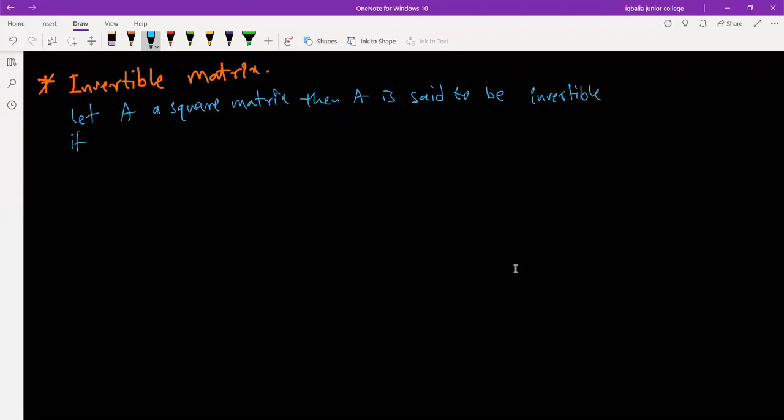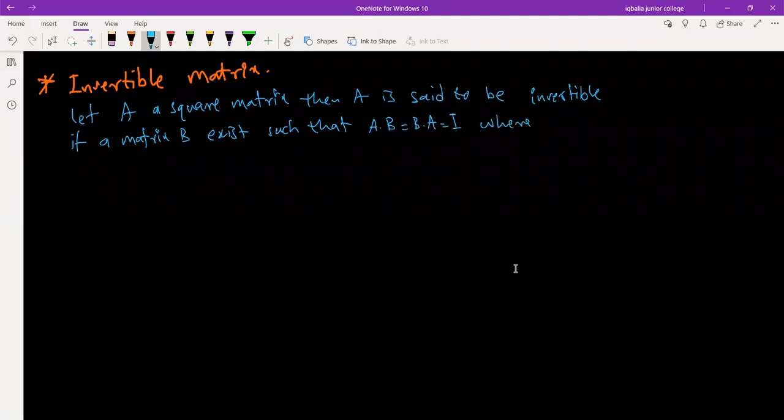if a matrix B exists such that A into B or B into A is equal to I, where I is a unit matrix.